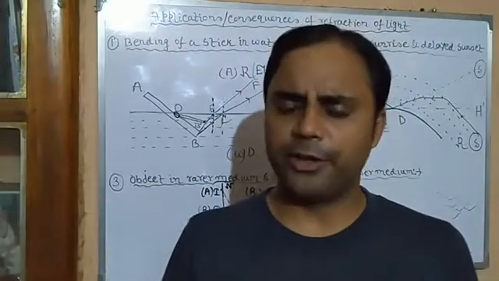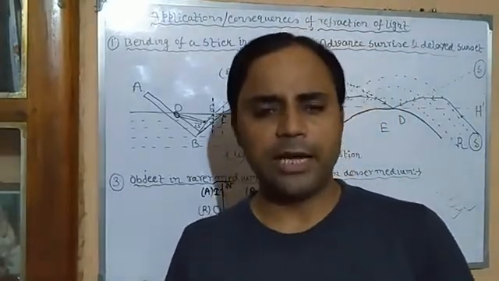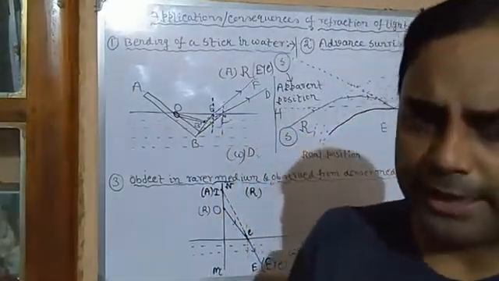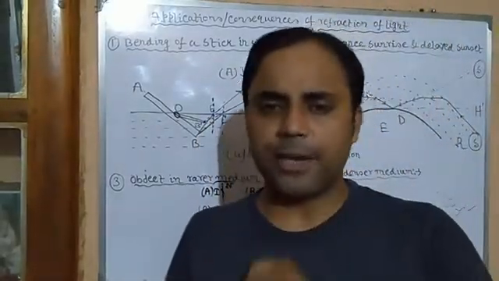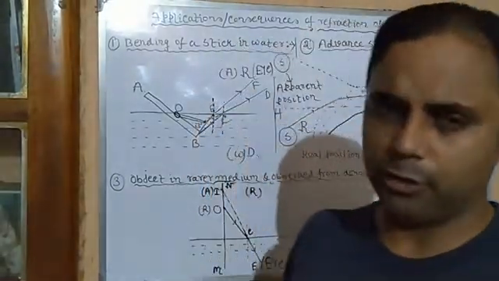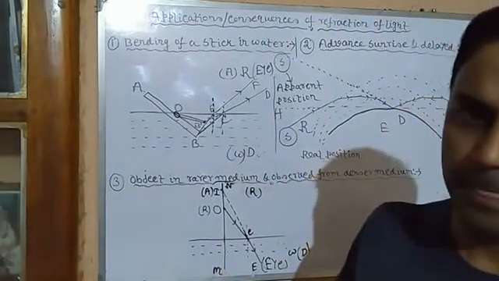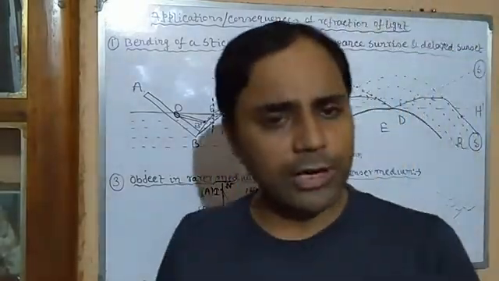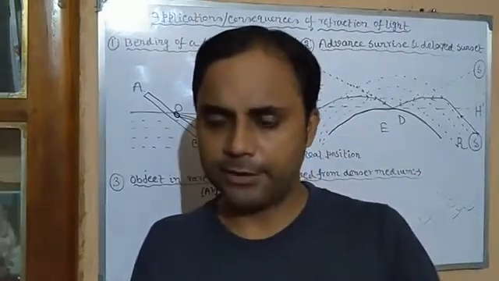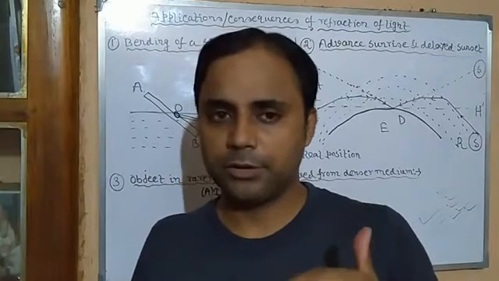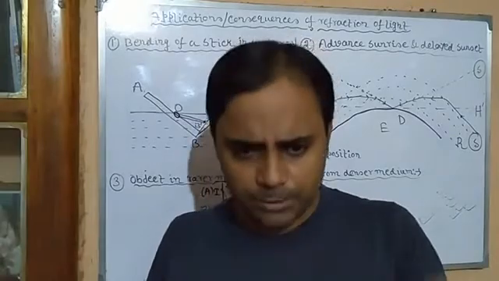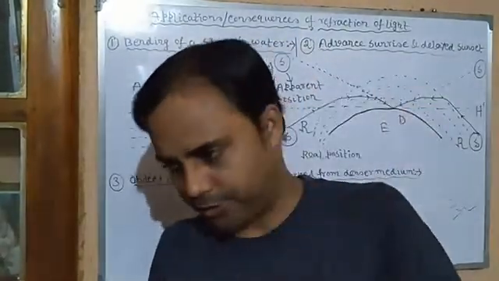In the previous video, while discussing real and apparent depth, at the very beginning I mentioned that if any object is placed in water or any denser medium, and then it is viewed from vertically above, that is from air or any rarer medium, the object appears to be slightly raised up, isn't it? It means its depth appears to be slightly less than its real depth, because it is shifted in the upward direction.